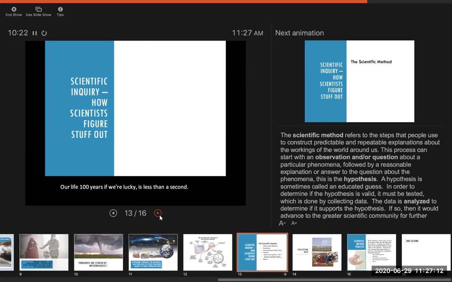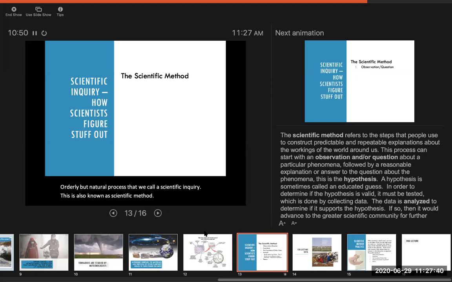So earth science and the sciences contained within this subject, geology, meteorology, astronomy, and oceanography, are studied by scientists, and the study in science is done through an orderly but natural process that we call scientific inquiry. This is also known as the scientific method.